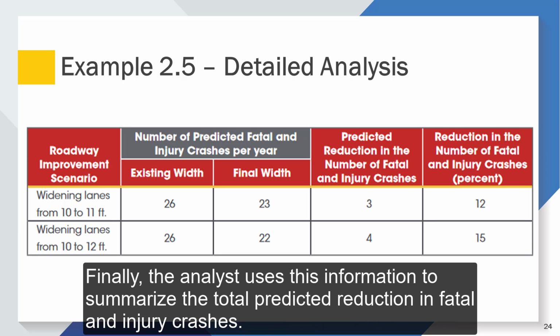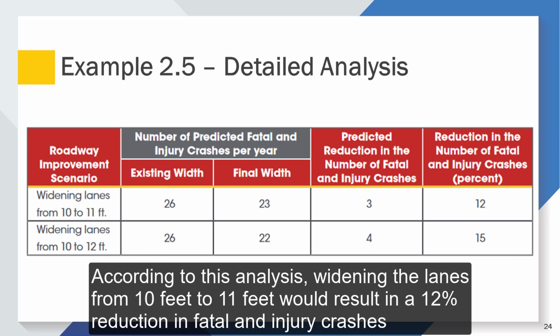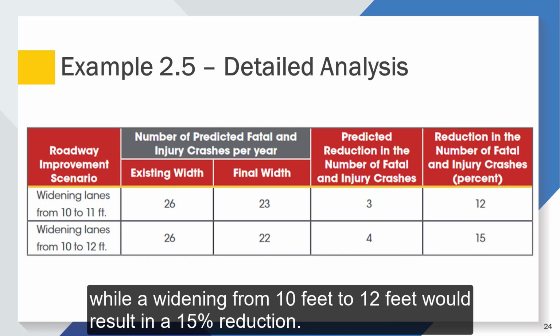Finally, the analyst uses this information to summarize the total predicted reduction in fatal and injury crashes. According to this analysis, widening the lanes from 10 feet to 11 feet would result in a 12% reduction in fatal and injury crashes, while widening from 10 feet to 12 feet would result in a 15% reduction.